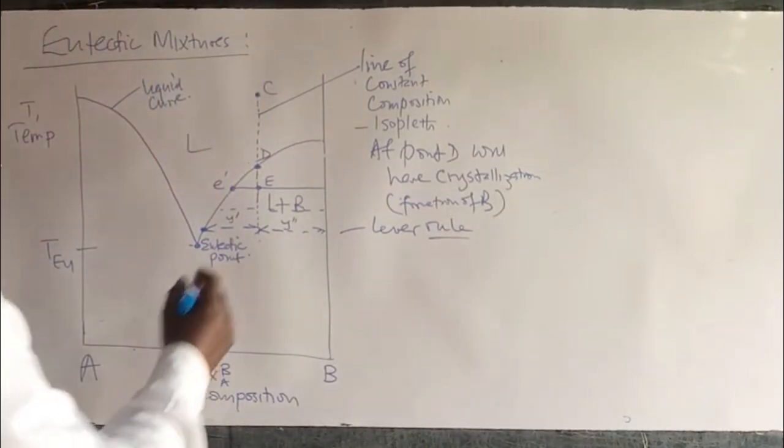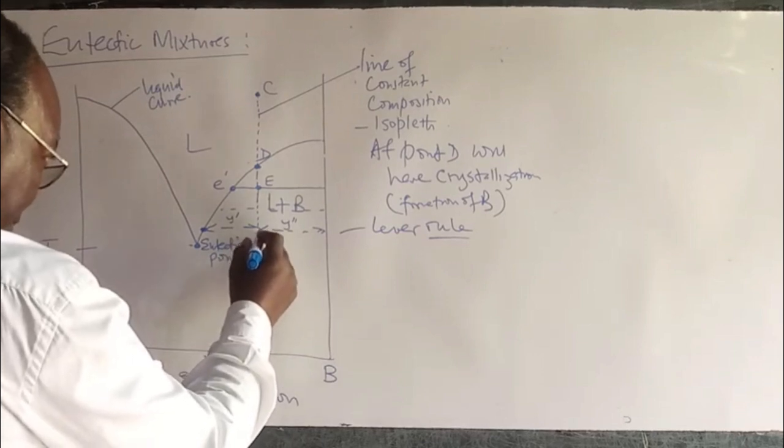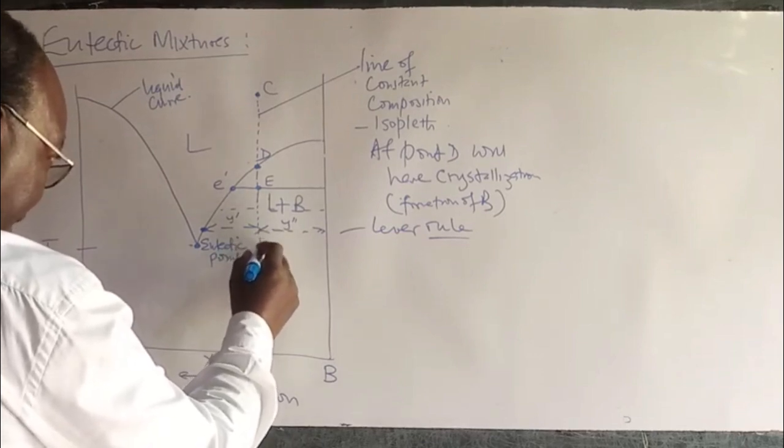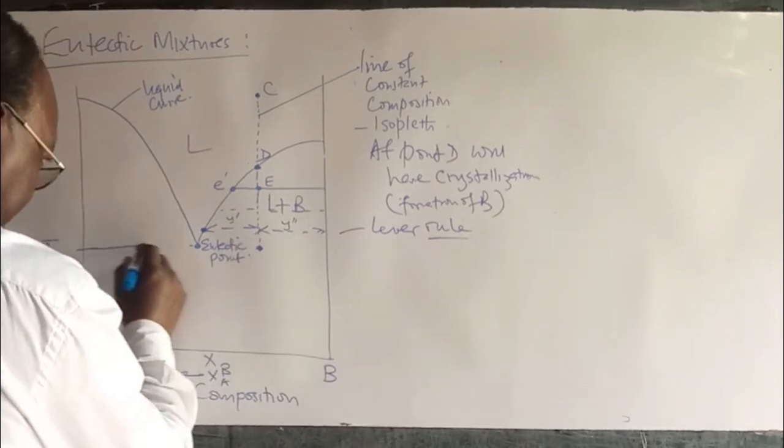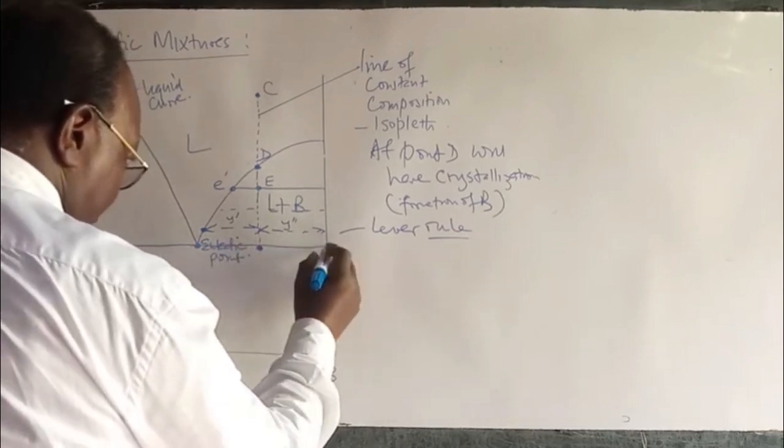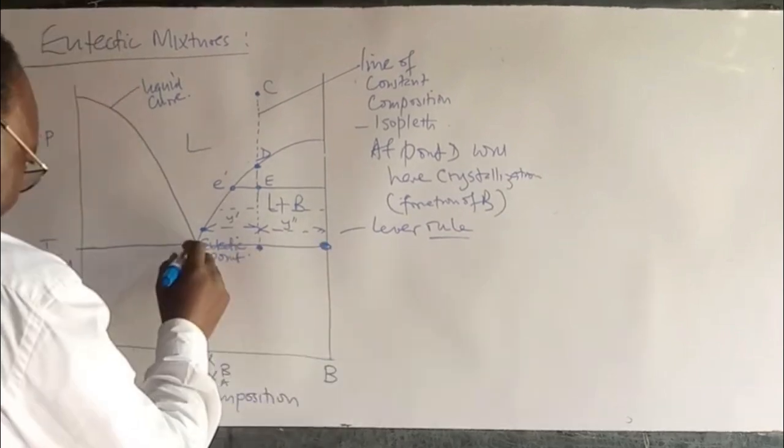So when we reach this particular point, that state point there, we have three phases coexisting in equilibrium.